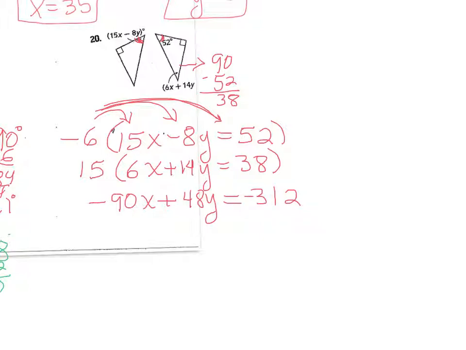Then you multiply the second equation. 15 times 6 is 90. 15 times 14, 225 minus 15, so it's 210. Is it 210? Yes, okay, so it's 210y equals 15 times 38. How much is that? Thank you, Joseph. 570? 570.